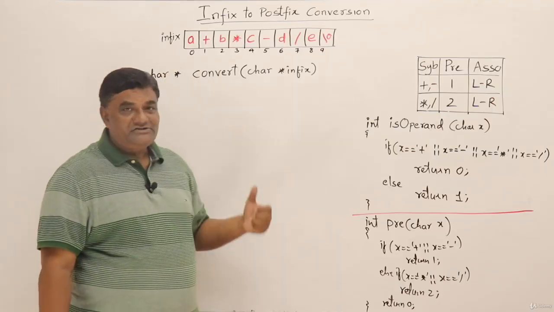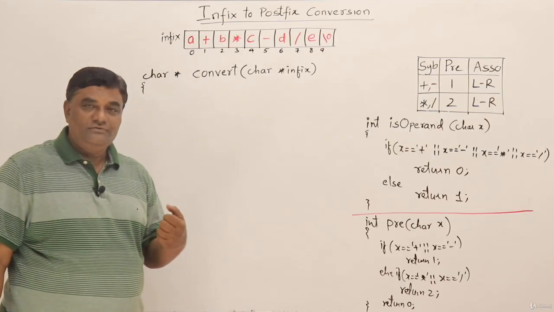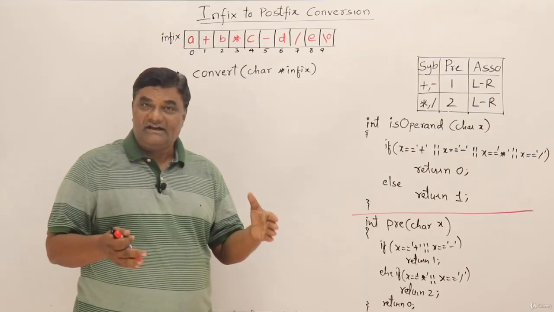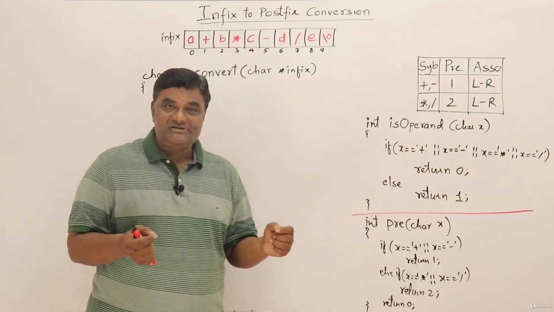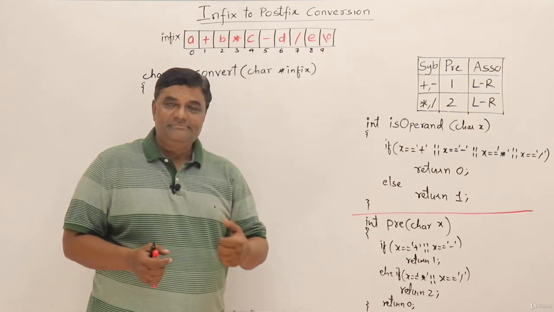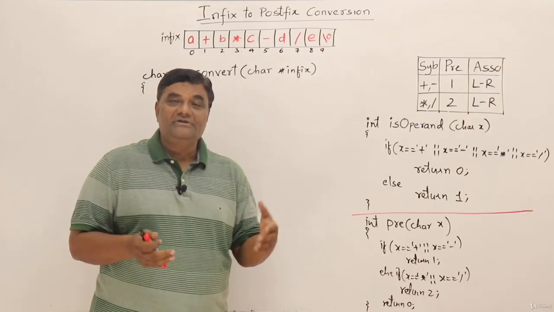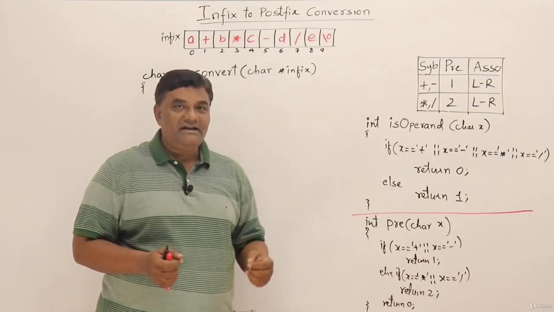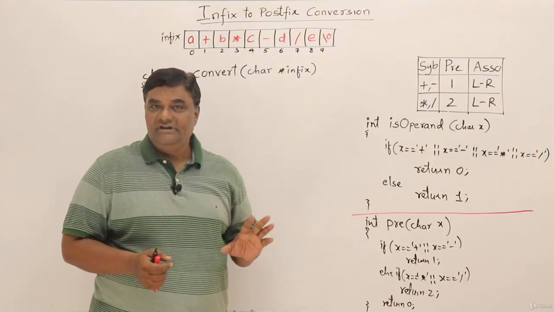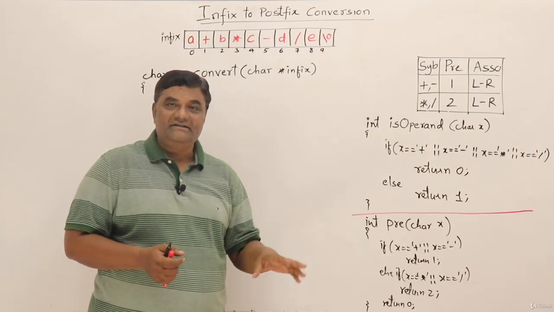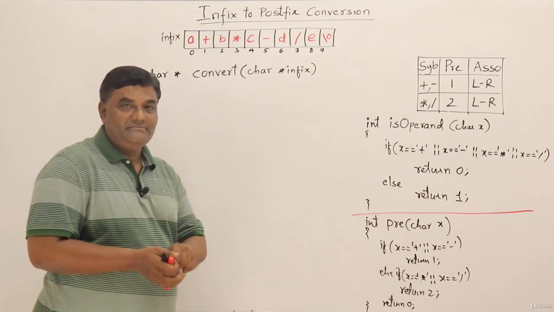Now let us come back to the function. Inside the function, I need few things. First of all, I need a stack. Which type? Character type stack. In the parenthesis matching example, if you watch that video, there I have used a character type stack and also initialized it. So same thing we should do here. I will not explain that. I will directly declare a stack.